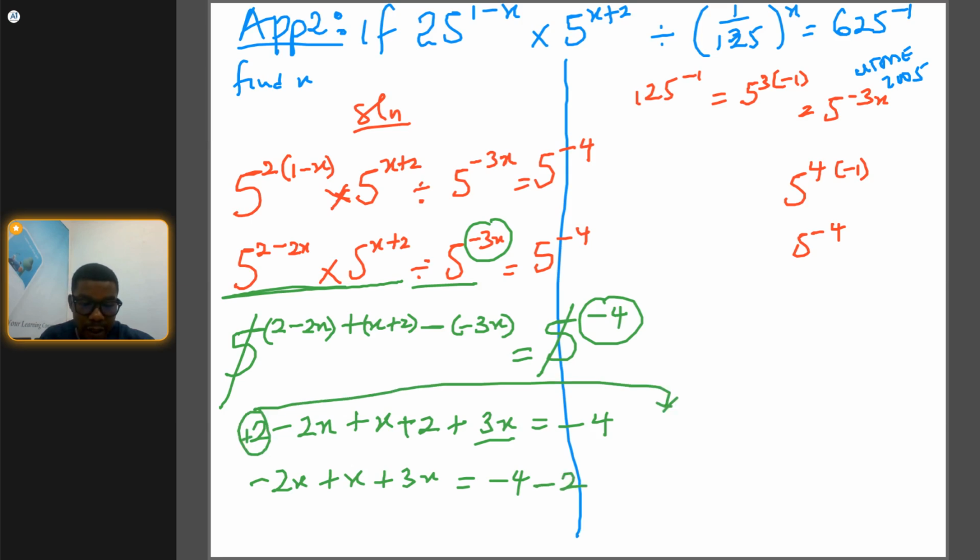Taking this also to this side, we also have minus 2. So now we have minus 2x, x plus 3x is 4x, equals to minus 8.